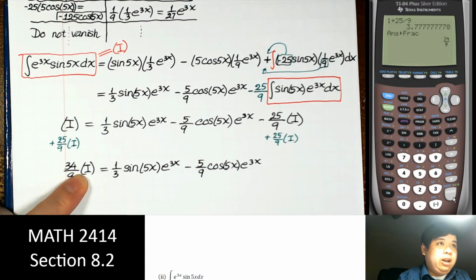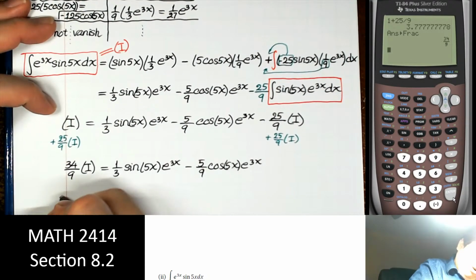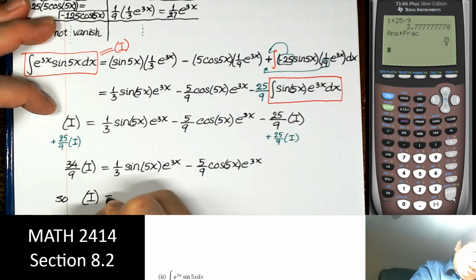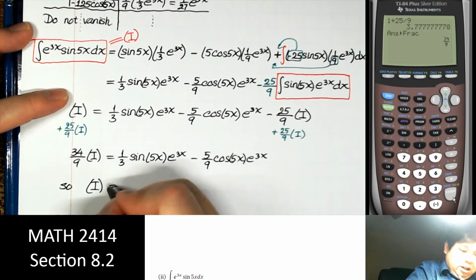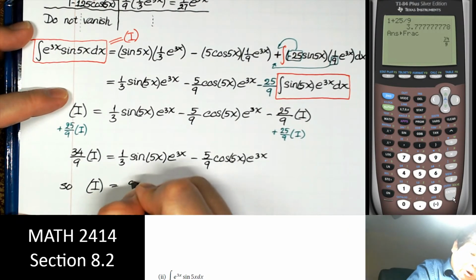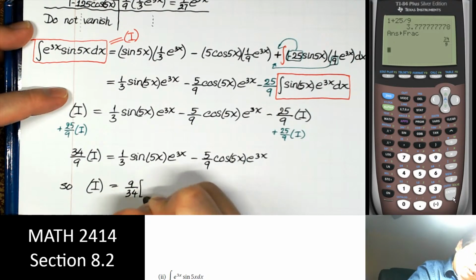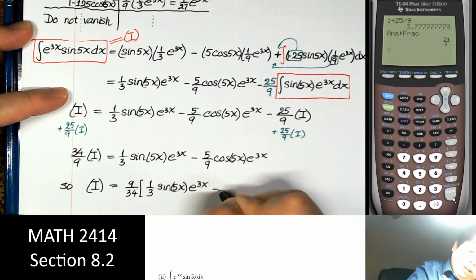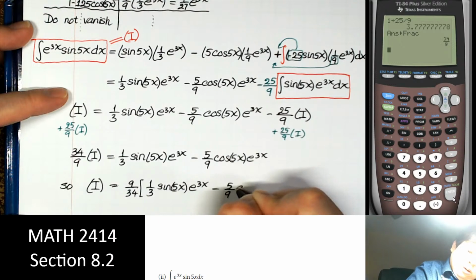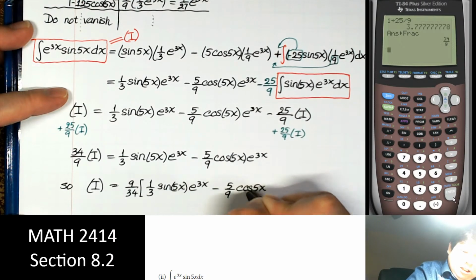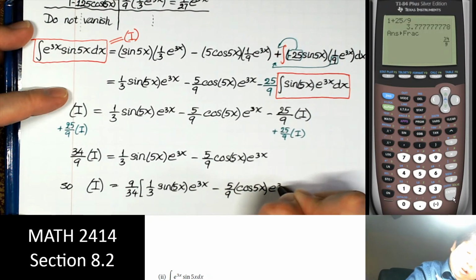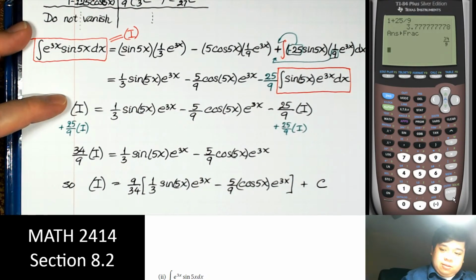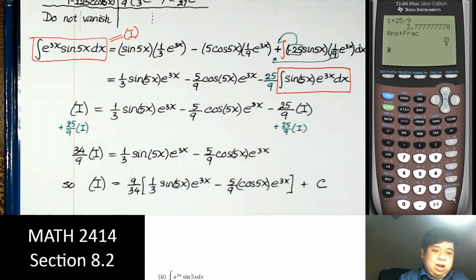And now to solve for I, multiply both sides by the reciprocal. So the integral I will be equal to the reciprocal on the other side, meaning 9 over 34 times 1/3 sine of 5x e to the 3x minus 5 over 9 cosine of 5x e to the 3x, and then plus a constant c. Right. So that's what we have.